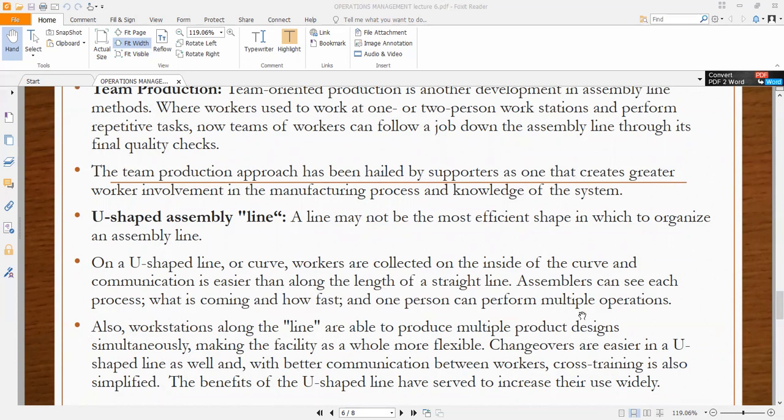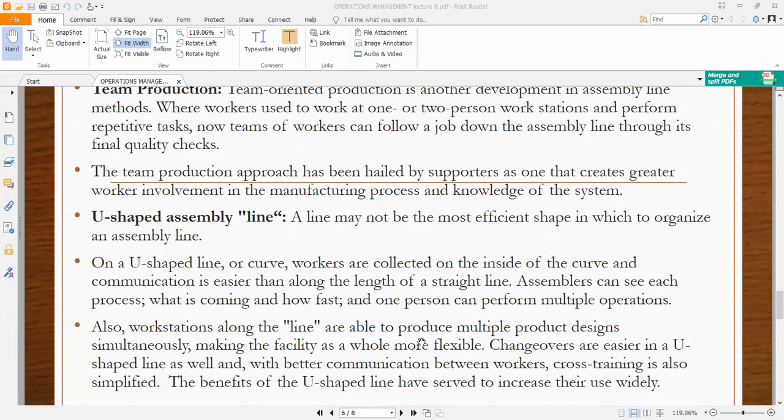Okay, so here we're talking about removing one person from the other. They are actually in charge of the operation. They are doing the operation, but one person can perform multiple operations within a particular workspace. Also, workstations along the line are able to produce multiple product designs simultaneously, making the facility as a whole more flexible.